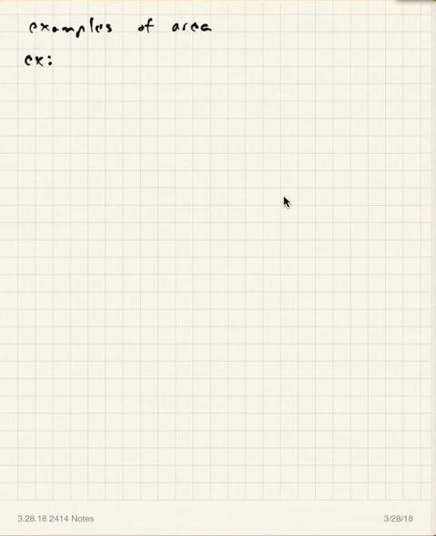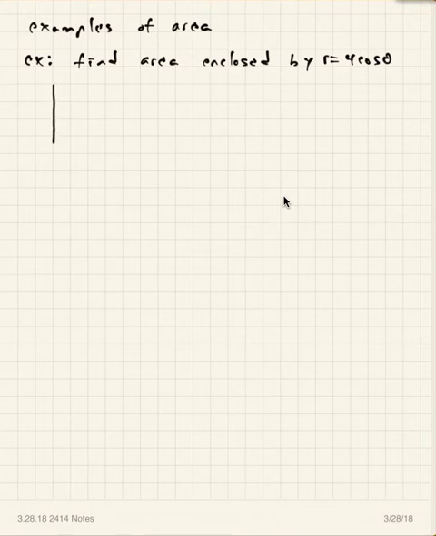All right, so example. Find the area enclosed by r equals 4 cosine theta. We actually talked about this curve earlier in class today. 4 cosine theta we know is this circle of diameter 4 that passes through the pole.